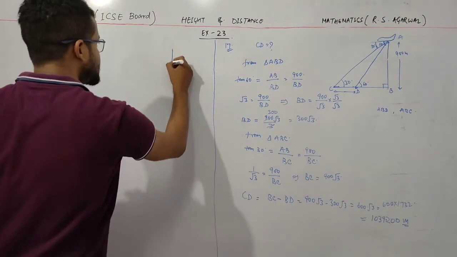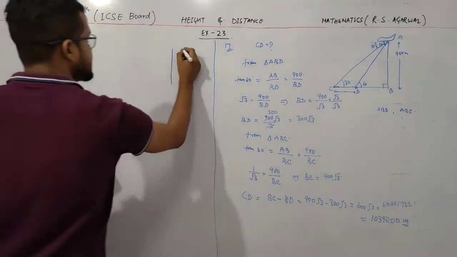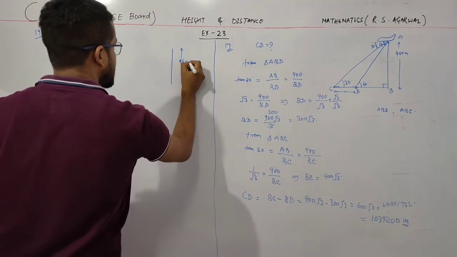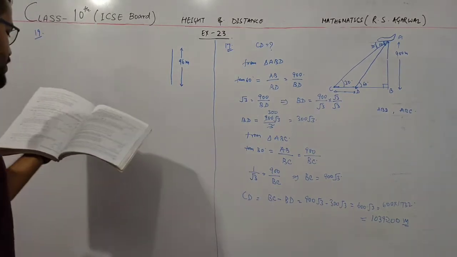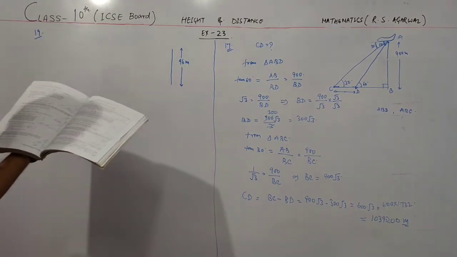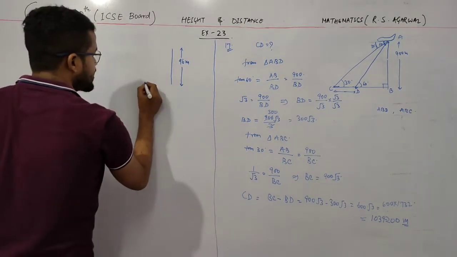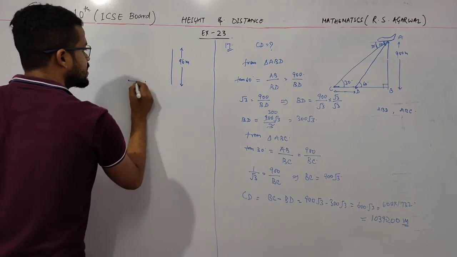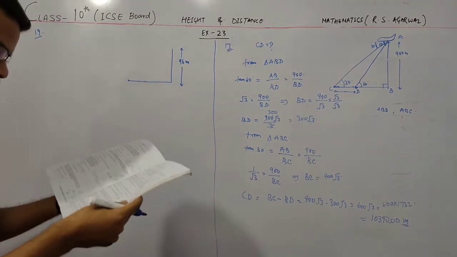Again, this is the church spire, 96 meters high. The angles of depression of two vehicles on the road at the same level as the base of the spire and on the same side. Here are the two vehicles on the same side at the same level.